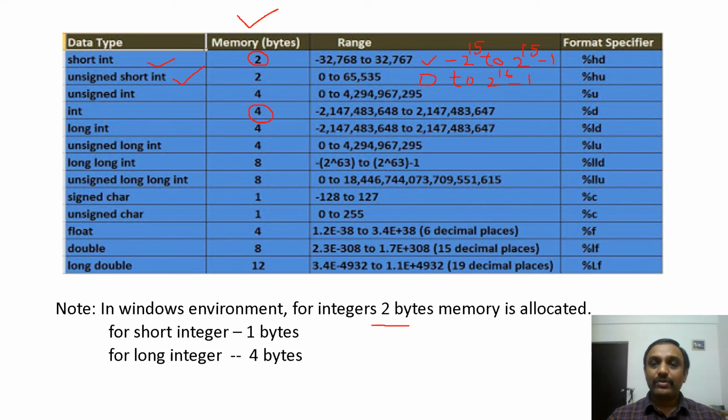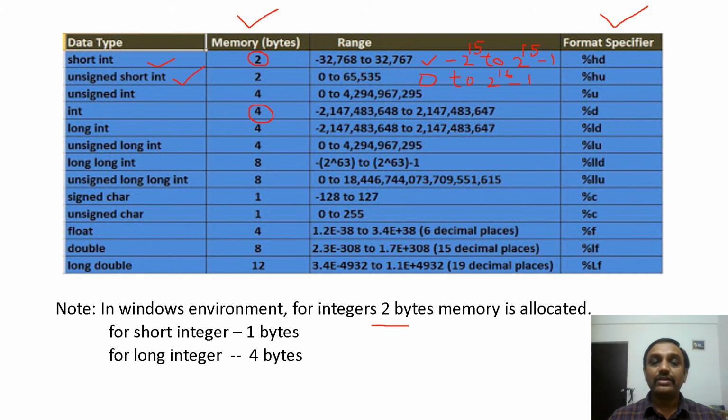Then what about this format specifier? Where are those things used? While reading, we are using the scanf function. In the scanf function, for each variable you are reading, you have to specify a format specifier in the format string.